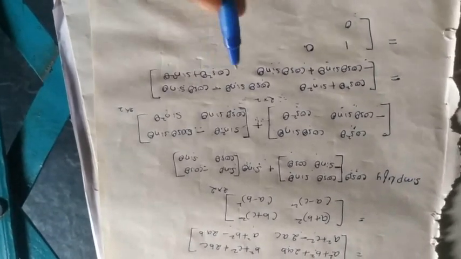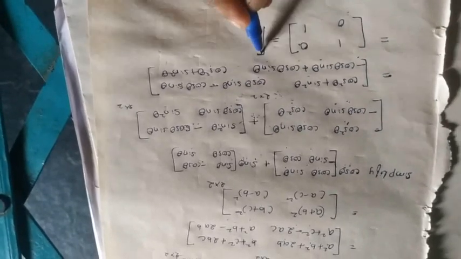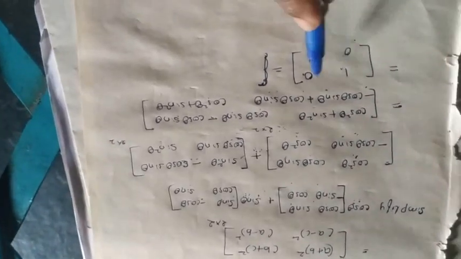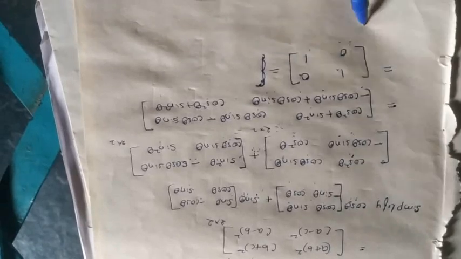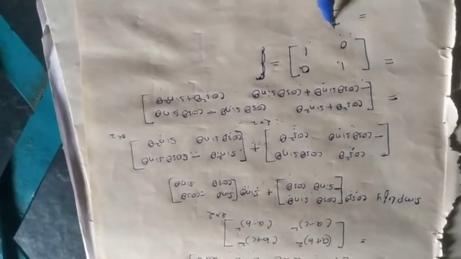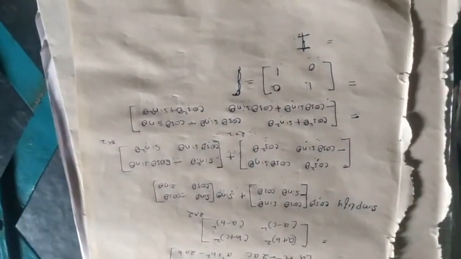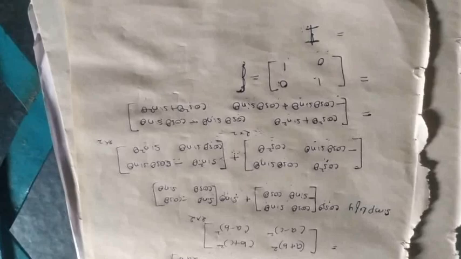Cos square theta plus sine square theta is 1. So what is the matrix 1 0 0 1? That is nothing but your identity matrix, capital I. You have to write capital I. Got it? So this is also one of the examples.